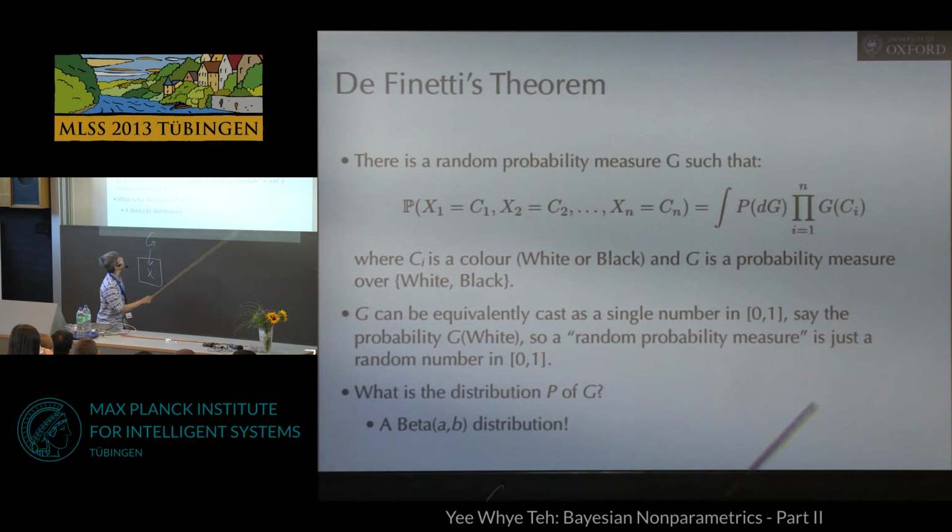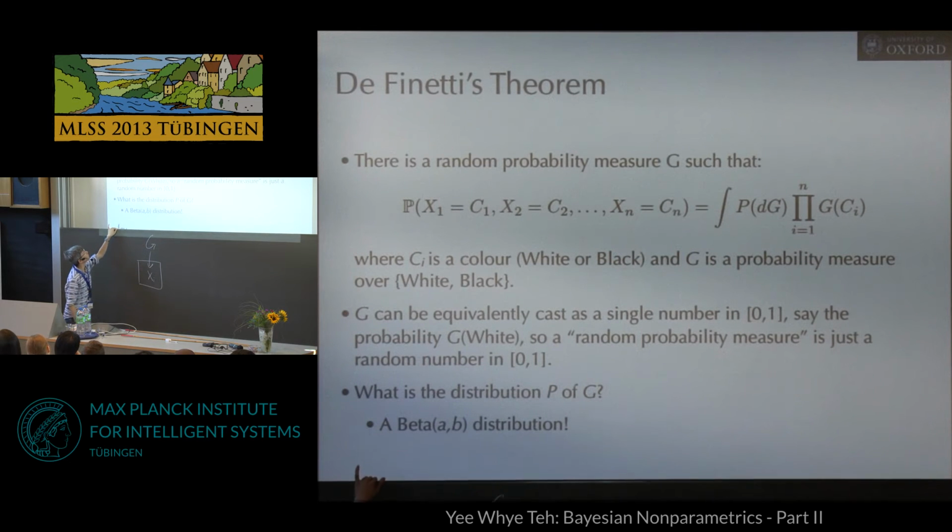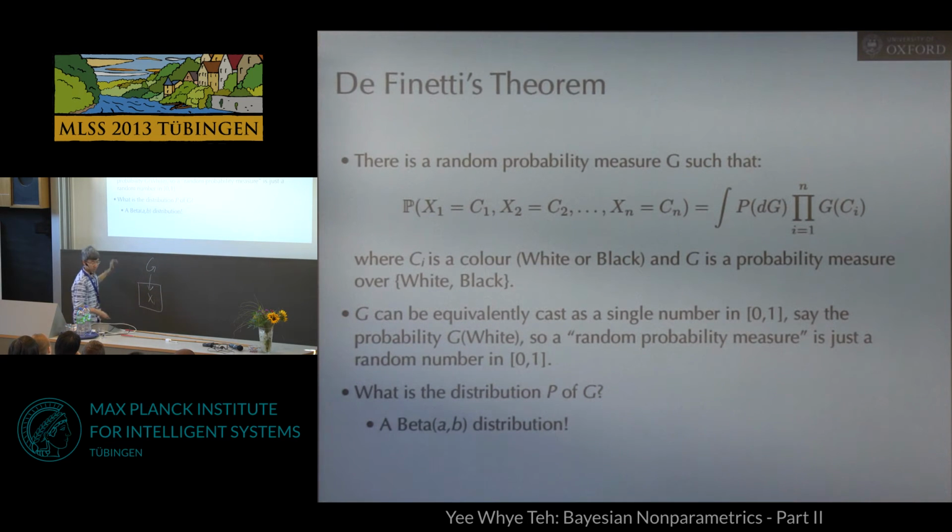And basically, this term here is the marginal probability of the x's taking on particular values where we integrate out G.